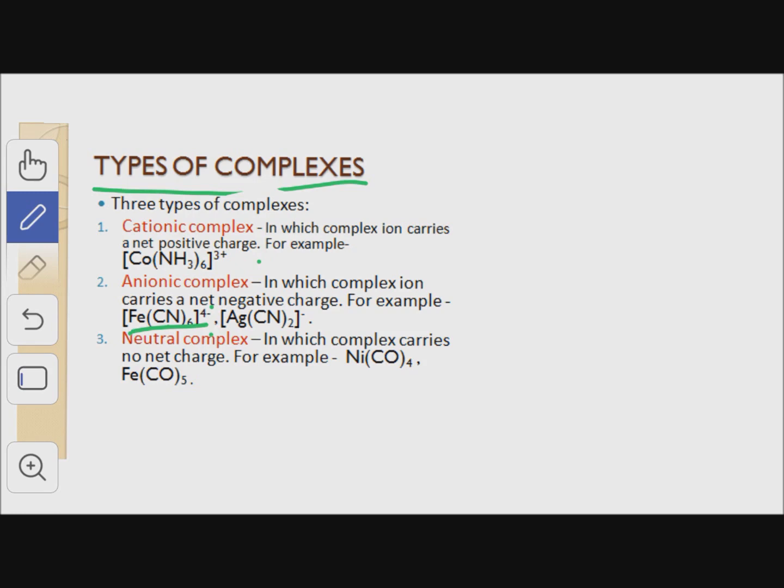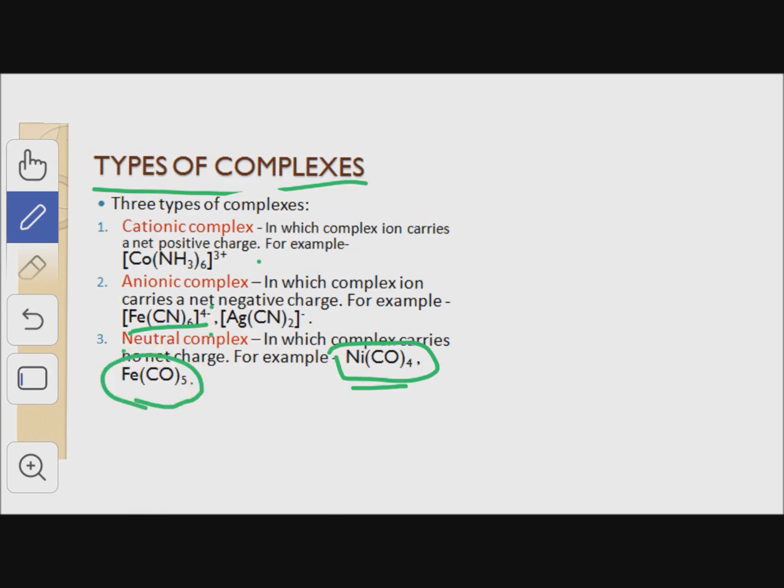And the third one is the neutral complex, in which there is no net charge on the complex. For example, Ni(CO)4, tetracarbonyl nickel, and Fe(CO)5, pentacarbonyl iron.